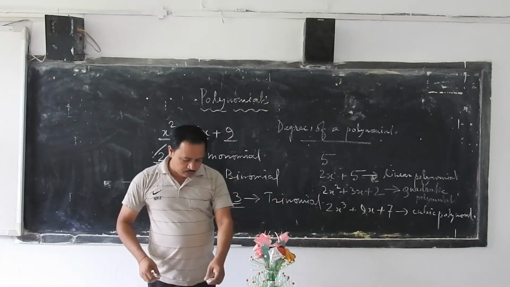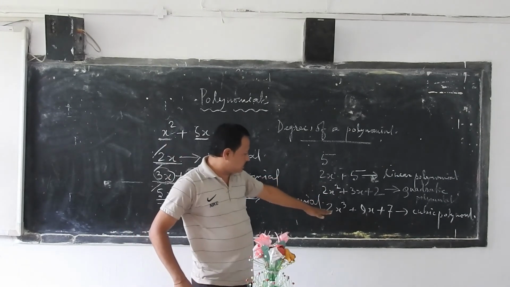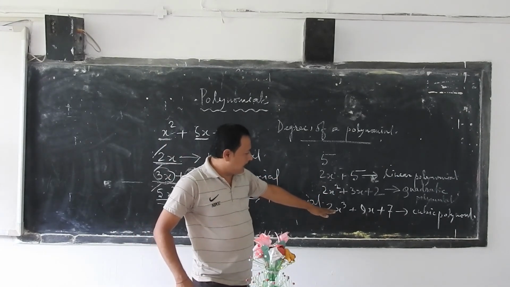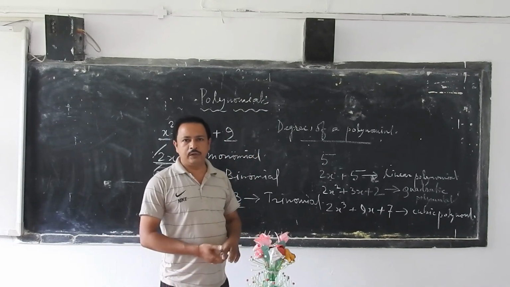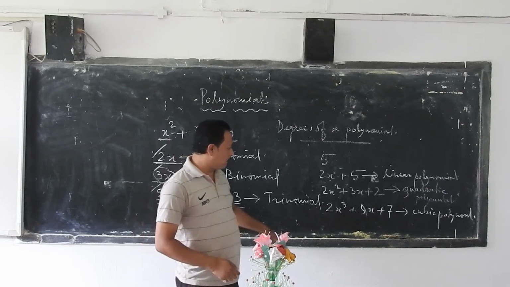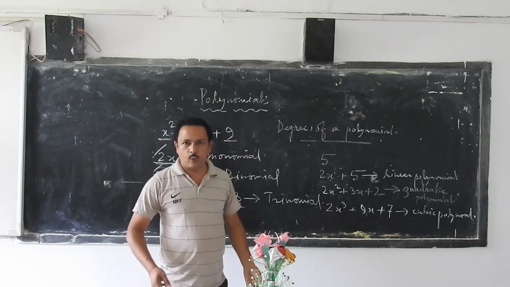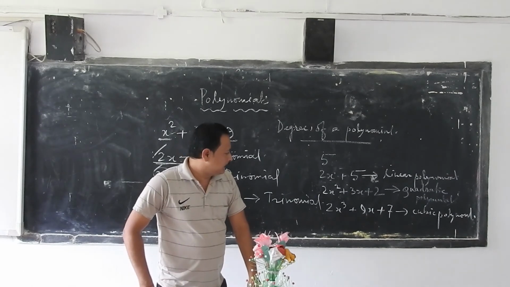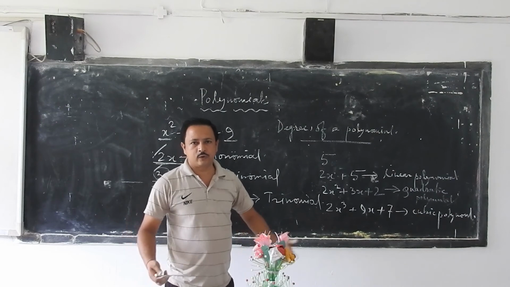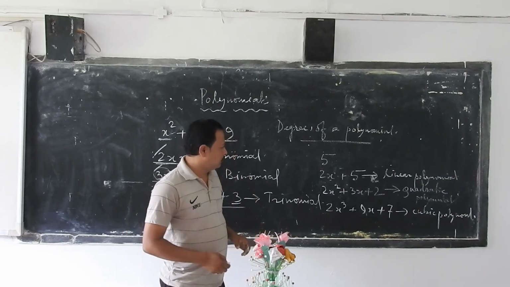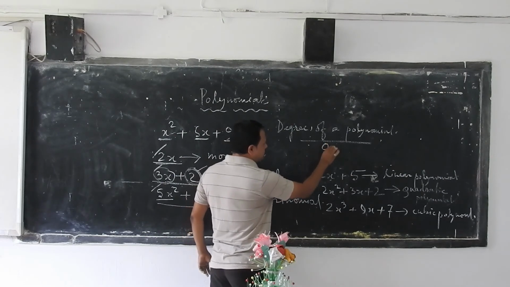So what is a cubic polynomial? A polynomial whose degree is 3 is called a cubic polynomial. And if the degree of a polynomial is 4, then it is called a biquadratic polynomial, or also called a quartic polynomial. And if the degree of a polynomial is n, then it is called a polynomial of degree n.